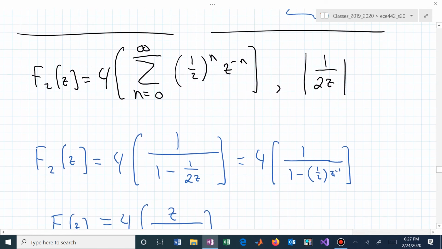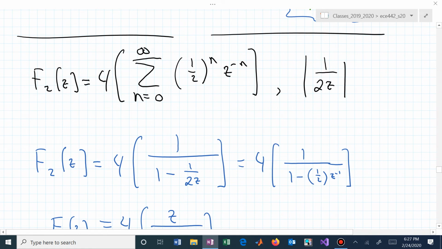All right. F sub 2. What was F sub 2? That was the 1/2 raised to the n. It was scaled by 4, so we're going to pull that out. And now, when was this true? Or when is this common ratio going to produce a well-behaved F sub 2 of z?